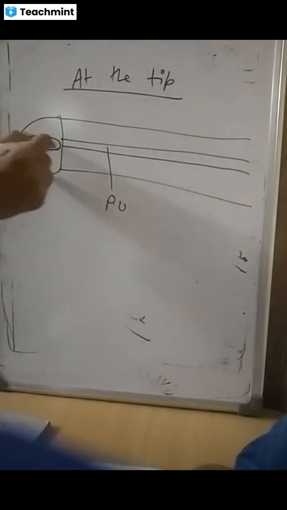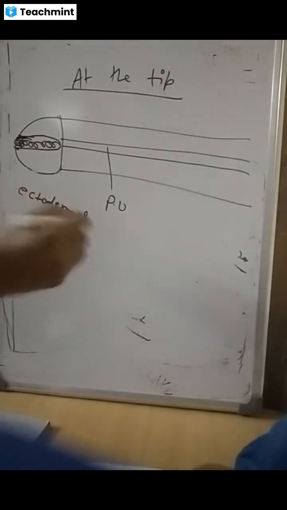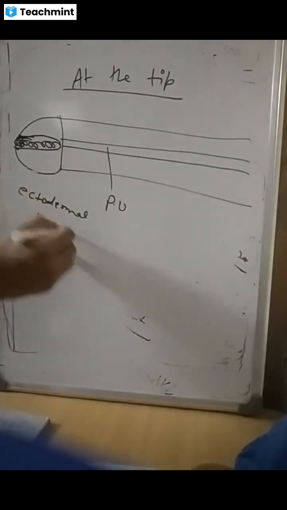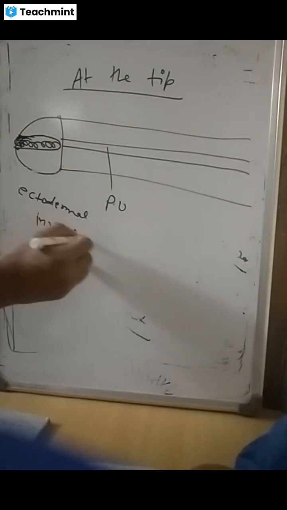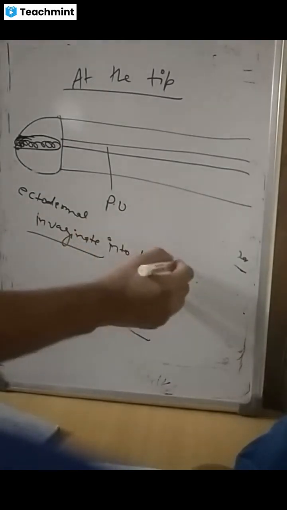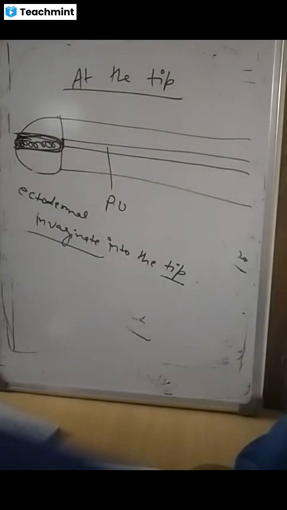This is called ectodermal tissue. From here up to this tip, ectodermal cells proliferate and they will join the tip.